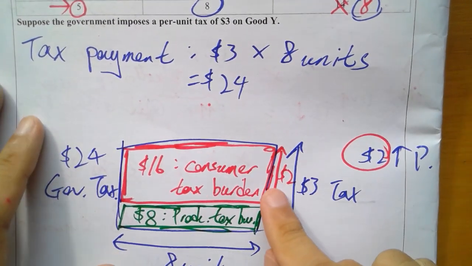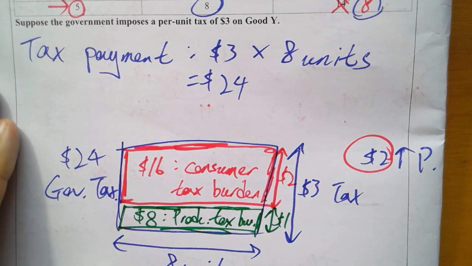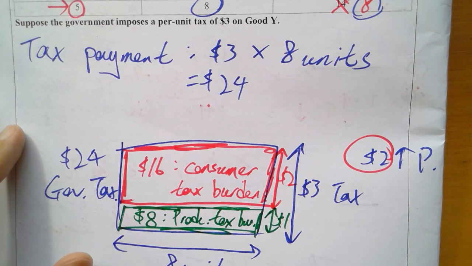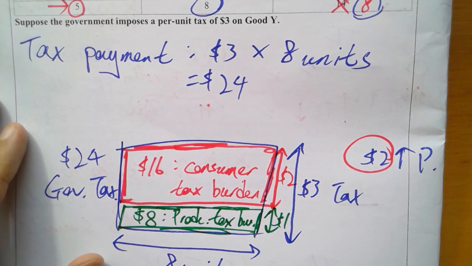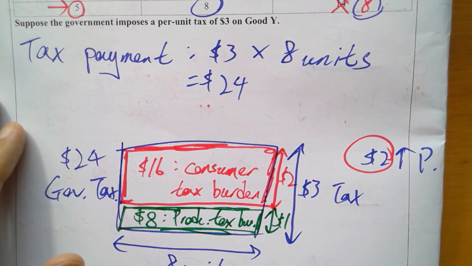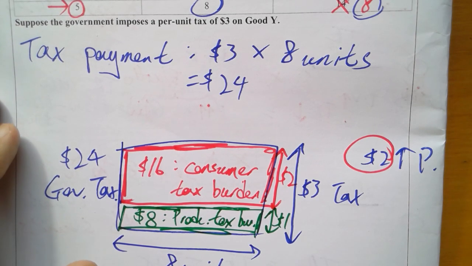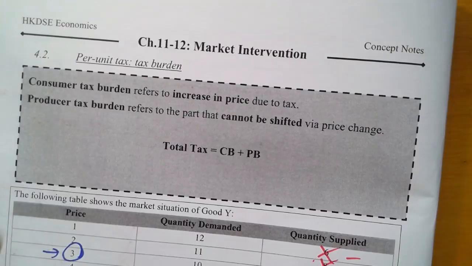You raise the price by $2, so it's like $2 out of this $3 tax is being shipped to the consumer, you help me pay it. Shifted by increasing the price.